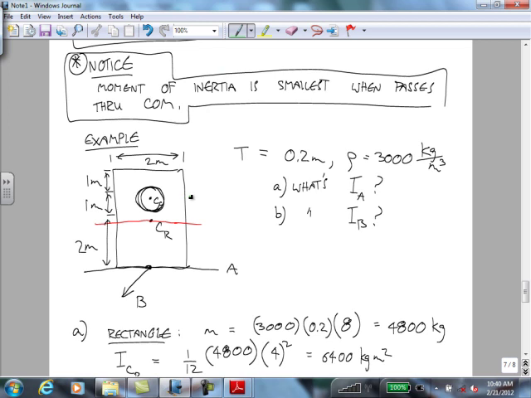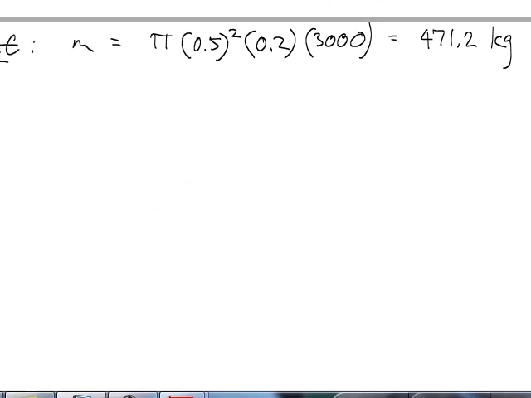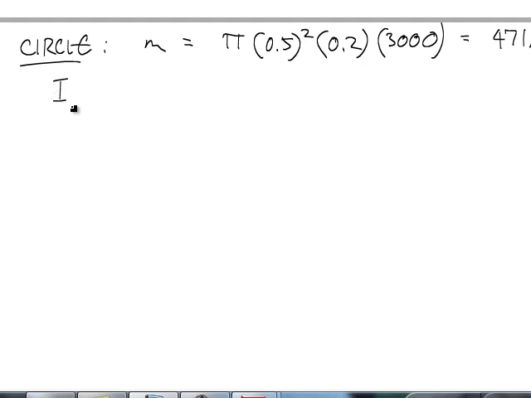The moment of inertia about the center of the circle is mr squared over 4. So we have 471.2 times 0.5 squared over 4. And that one I have as 29.45 kilogram meters squared.